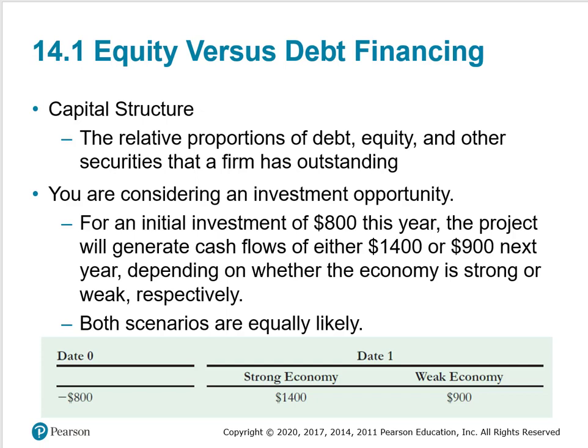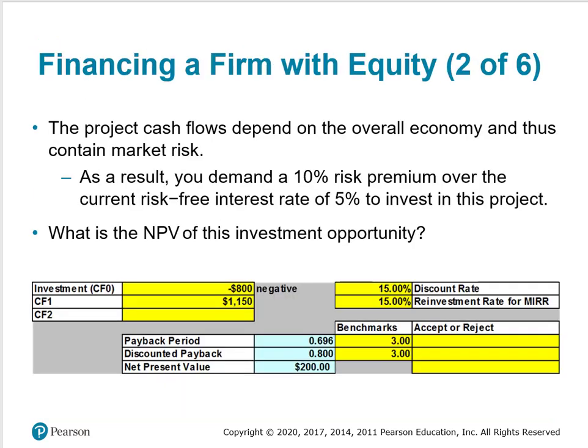So here's capital structure. Assume we have a company where it's going to cost $800 to do a project. If we have a strong economy, we'll make $1,400 in cash flows, and $800 in a weak economy. We're going to assume that they are equally likely. So the first question is, what is the net present value of this opportunity?